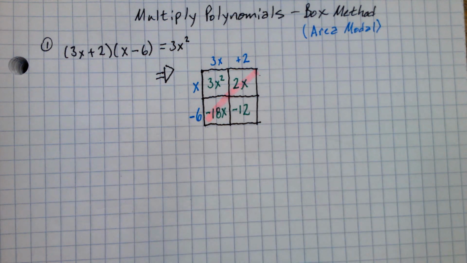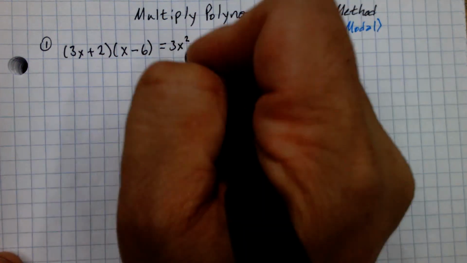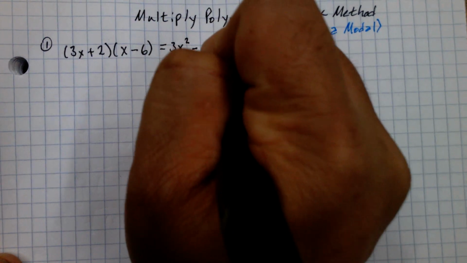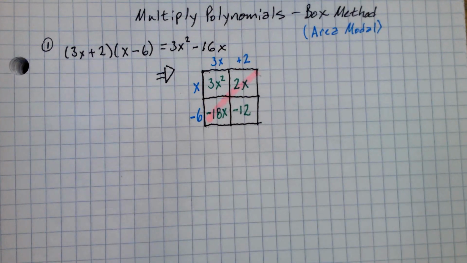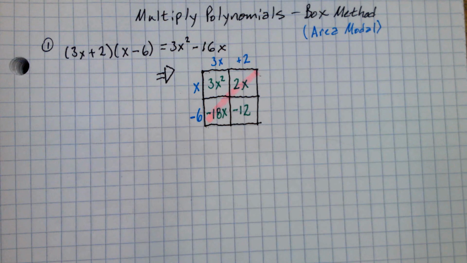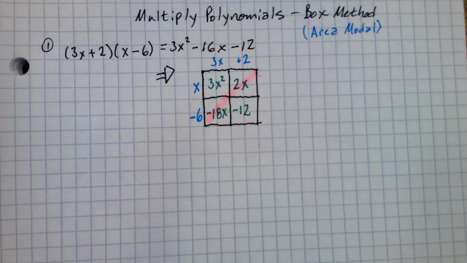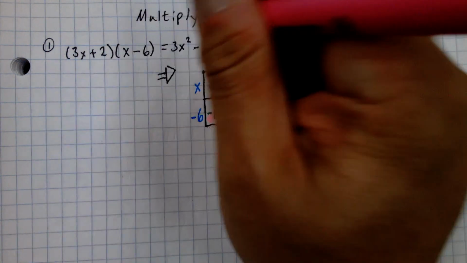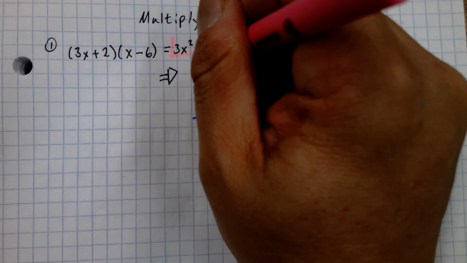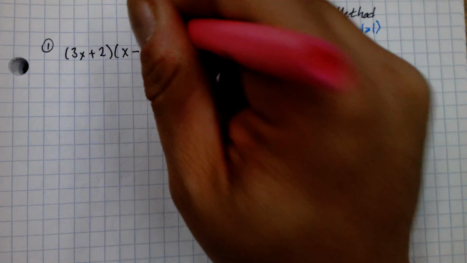Negative 18x and 2x. We can combine the negative 18 and 2. That gives us negative 16x. And then, so we took care of these. The only thing left is negative 12. So there is our answer. 3x squared minus 16x minus 12.